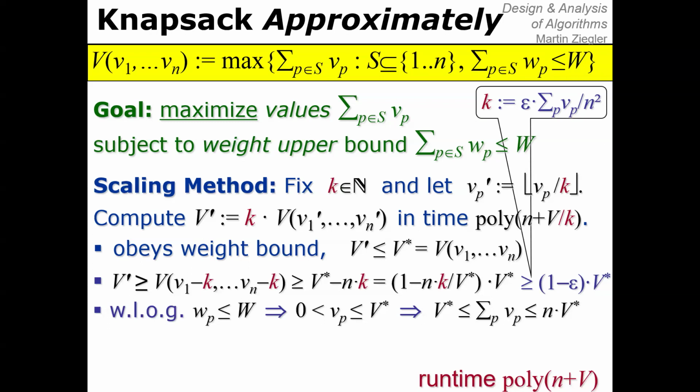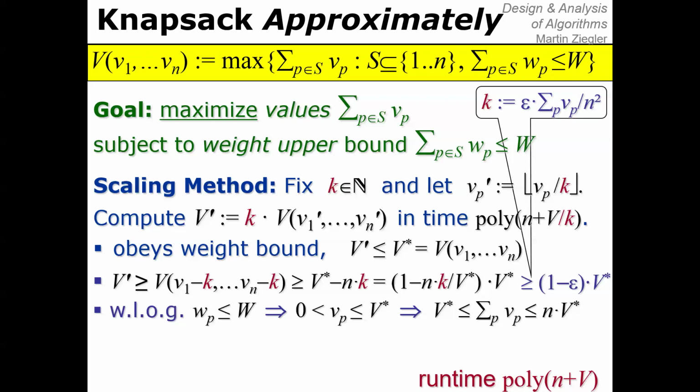And here we have our approximation factor, right? So the output of our algorithm is at least 1 minus epsilon times the unknown value, where epsilon is now an arbitrary parameter. Given the parameter epsilon, we can easily calculate the sum of the values divided by n squared and thus obtain the value of k.